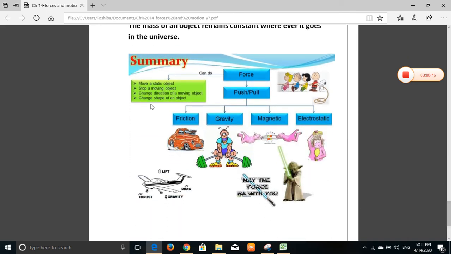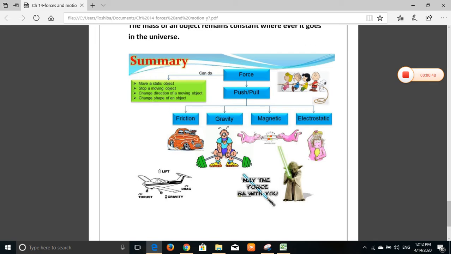The summary of this chapter: the definition of force is a push or pull, and there are forms of force. The force can move a static object. The force can stop it. This is the action of force. It can move a static object, stop a moving object, change direction, and change the shape, like deformation: twisting it, bending it, squashing it, compressing it.